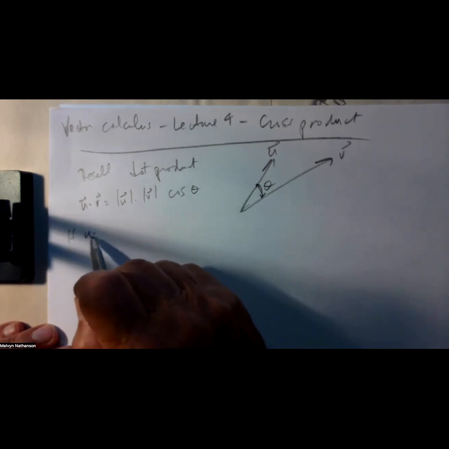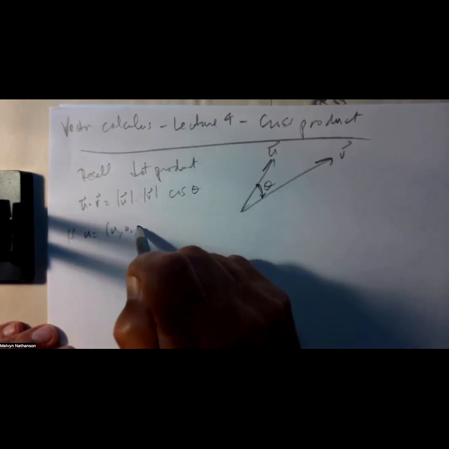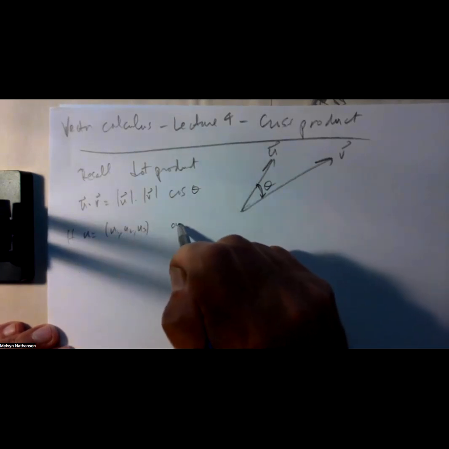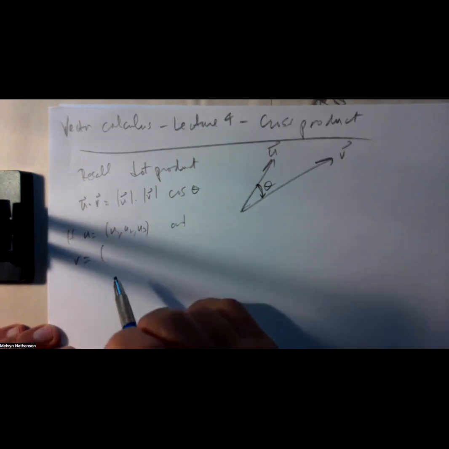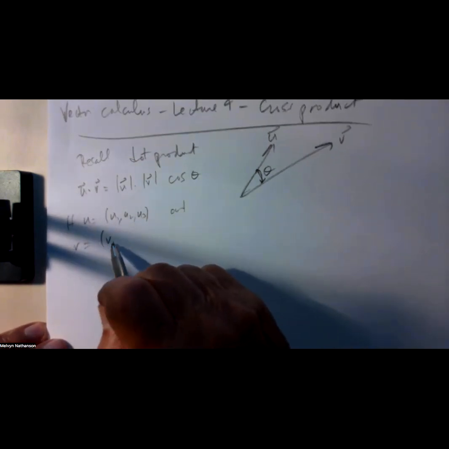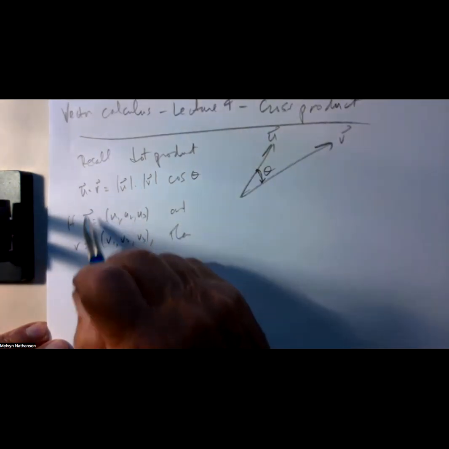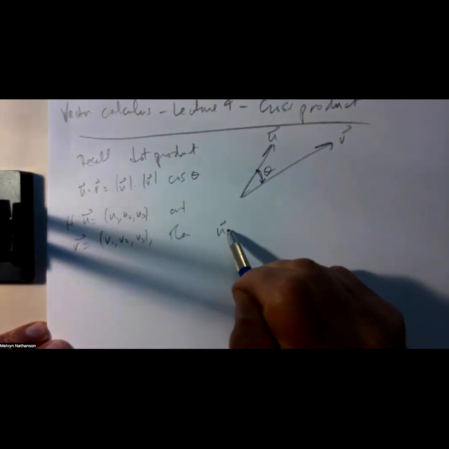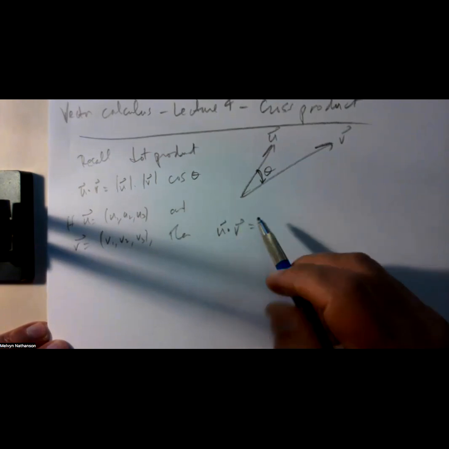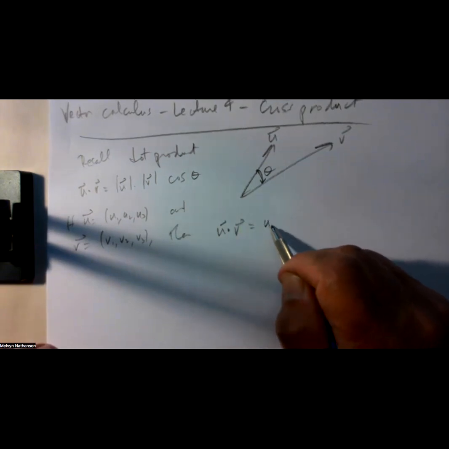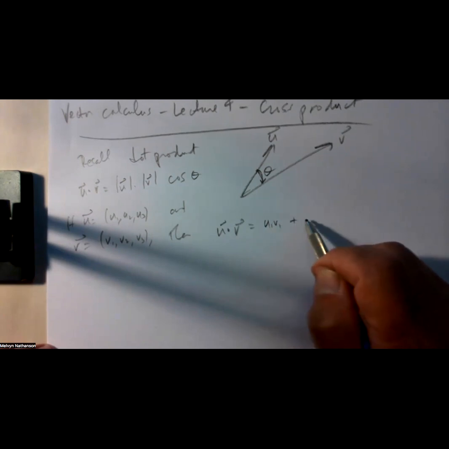And if u has coordinates u1, u2, u3, and v has coordinates v1, v2, v3, then the dot product is simply the sum of the products of the first, second, and third coordinates.